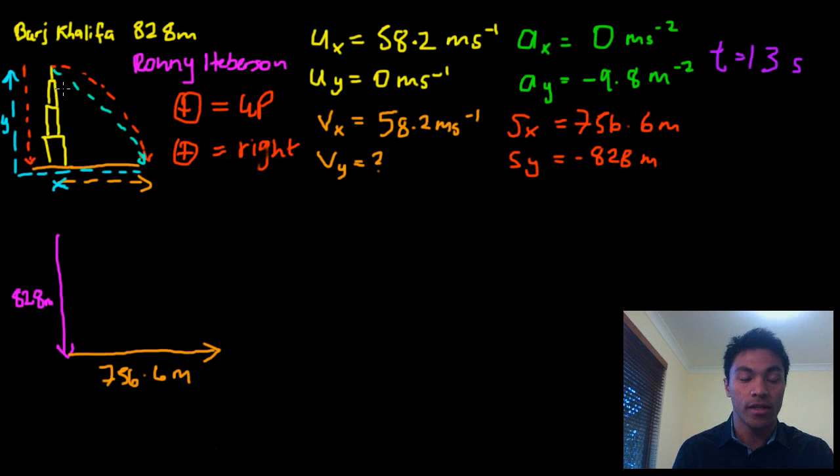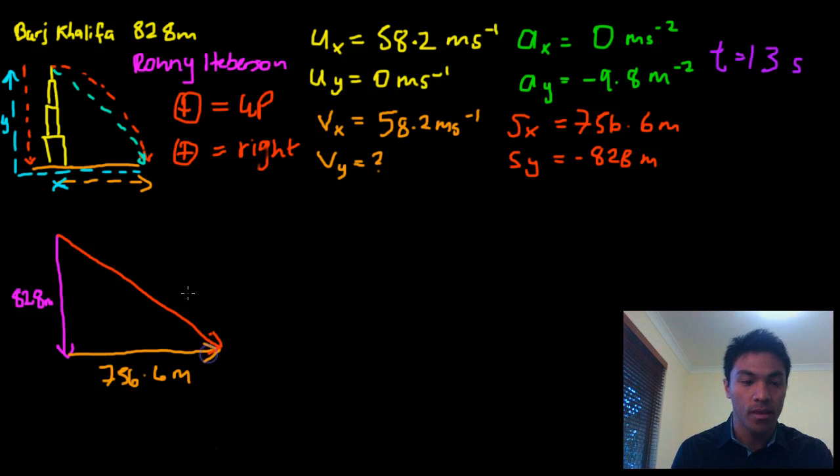So we know that the displacement of the ball is going to be to the bottom right. Let's do it in red, because red is usually the displacement color. So then the very final vector, the resultant vector.